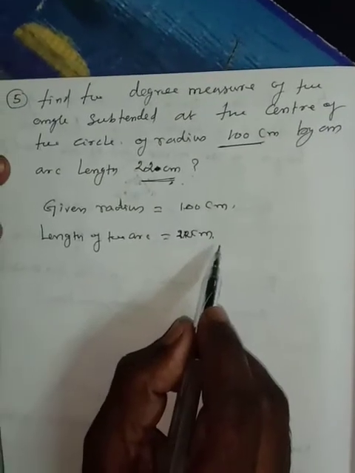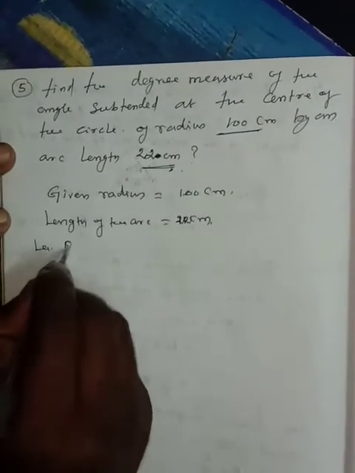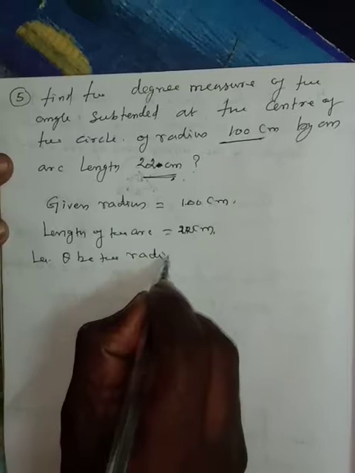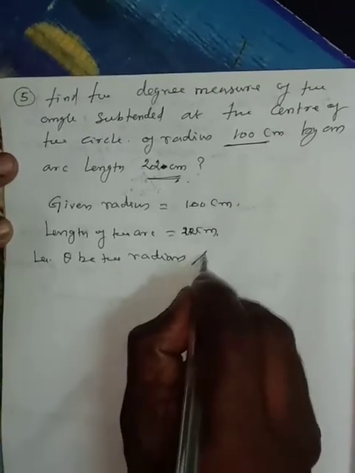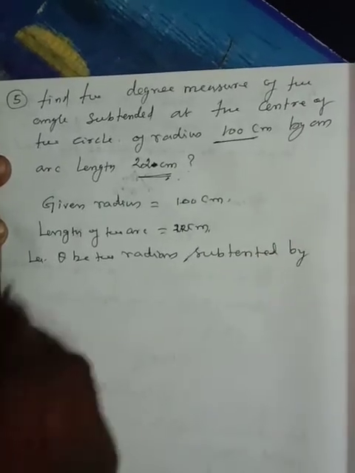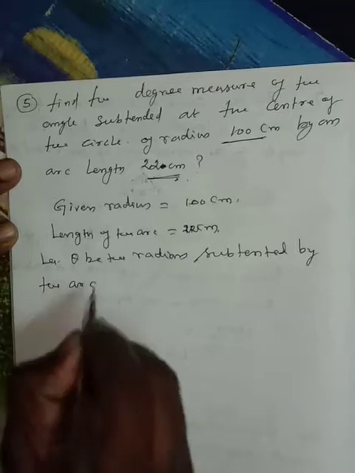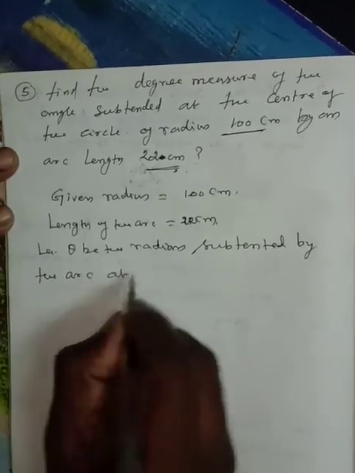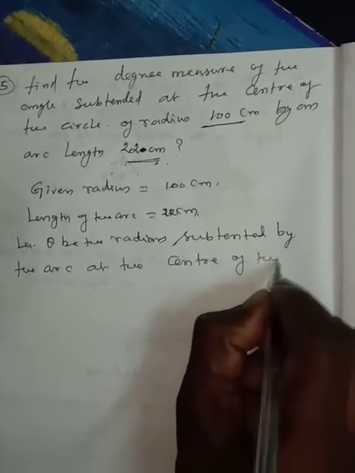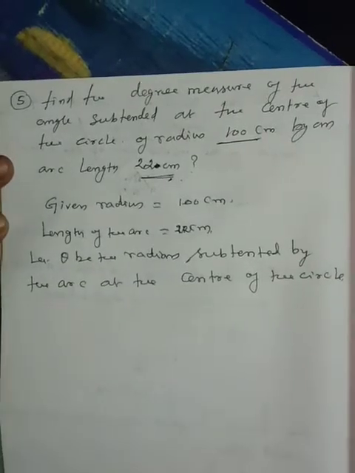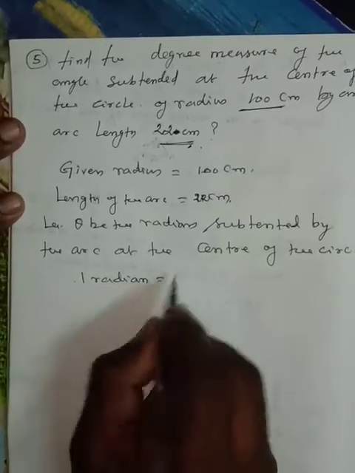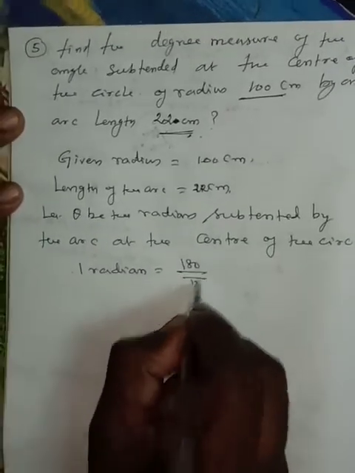So 22 centimeter. Let theta be the radians subtended by the arc at the center of the circle. 1 radian is equal to 180 divided by pi.